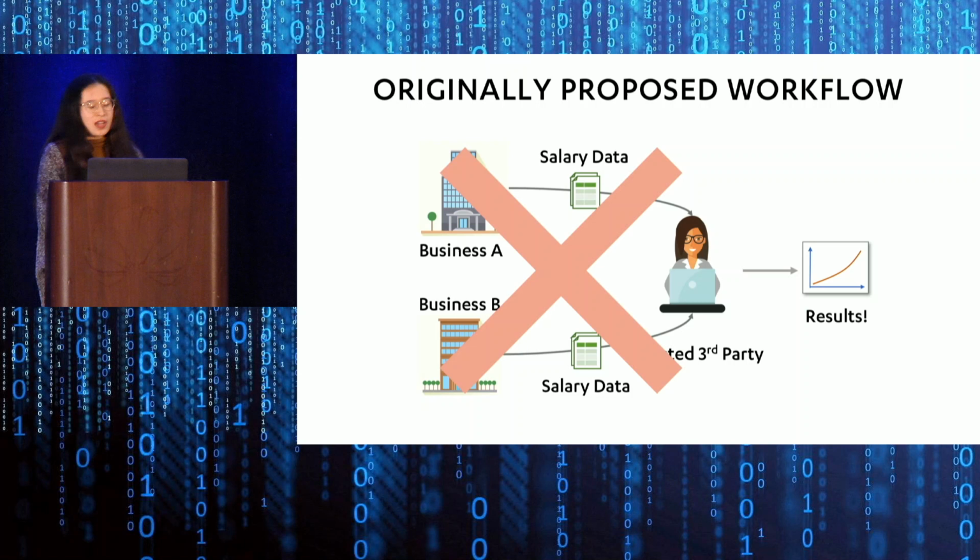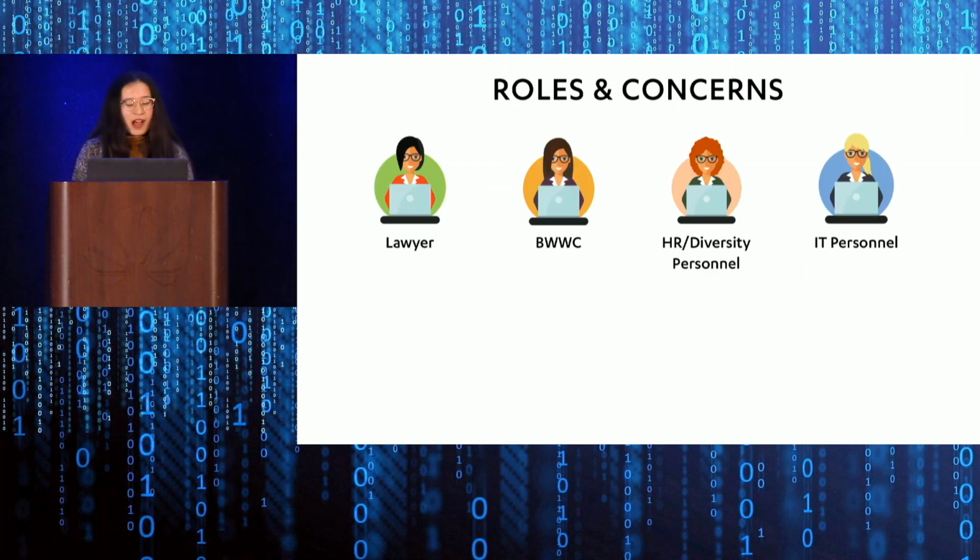However, the lawyers at these companies were wary of any entity receiving that raw salary data, no matter how trusted they actually were. And also, the trusted third party later backed out for similar reasons. They were also afraid of a data breach, and they didn't want to be sued potentially by hundreds of different companies. So this is where we got to MPC.